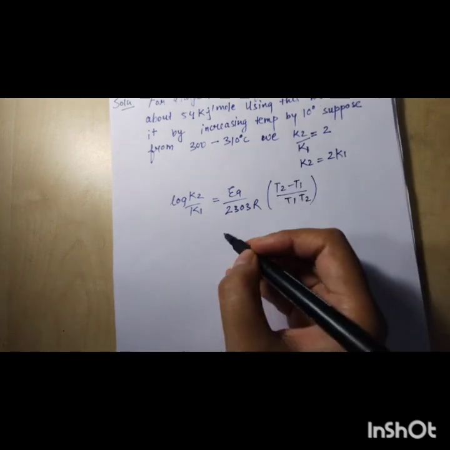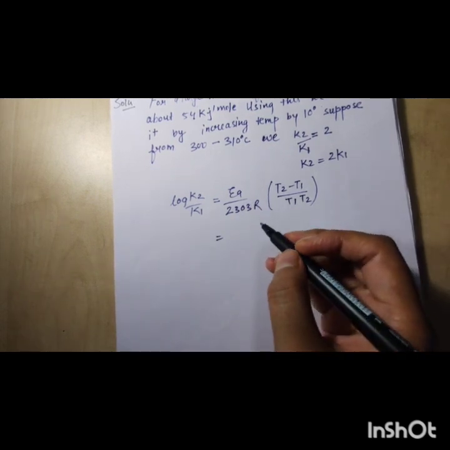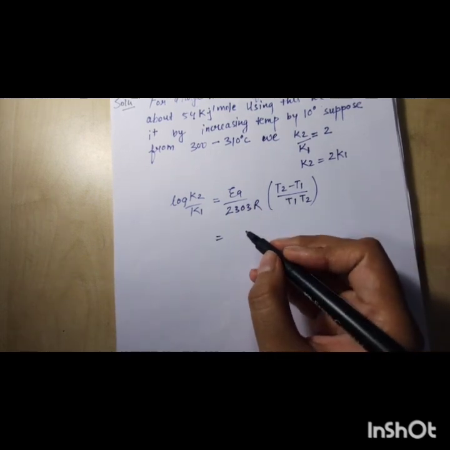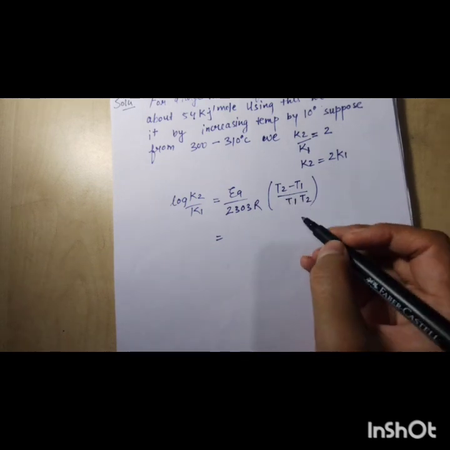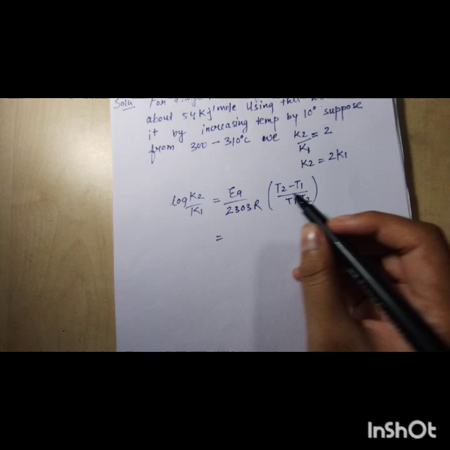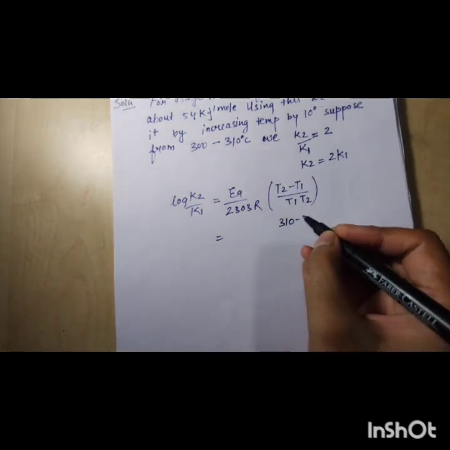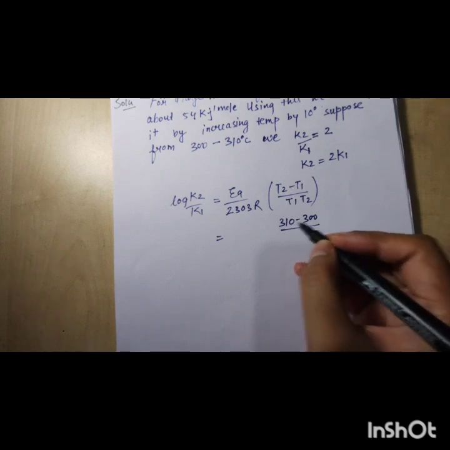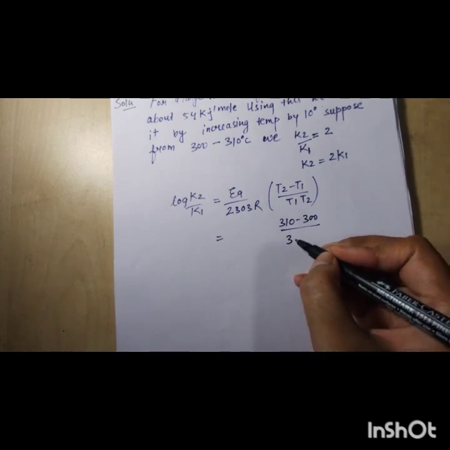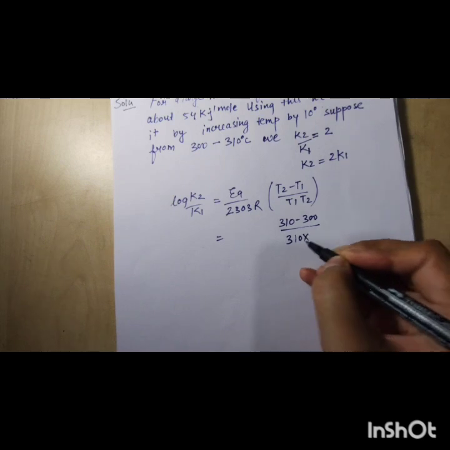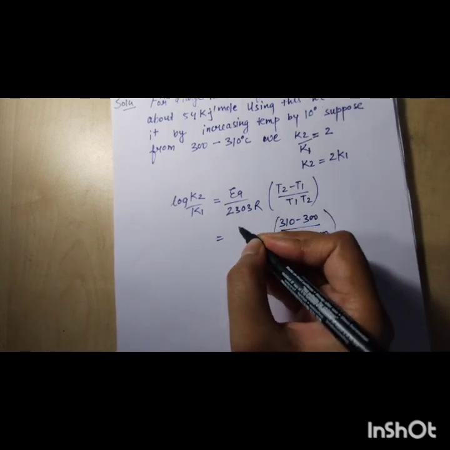Here we take 310 as the final temperature, that is 310 minus 300 and 310 into 300, and EA.